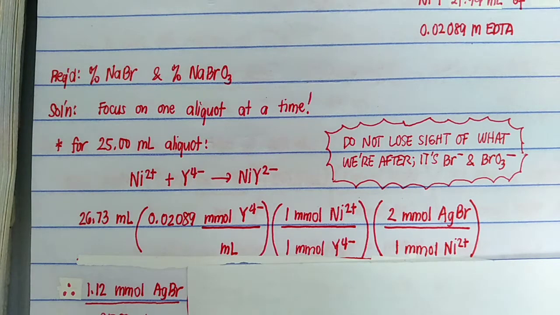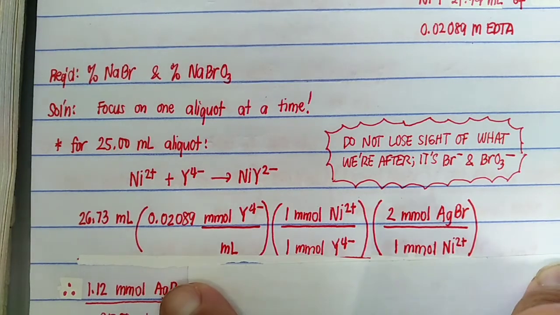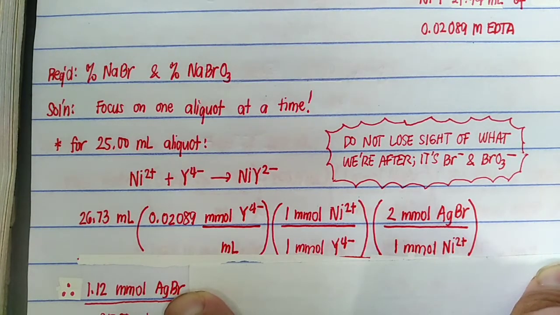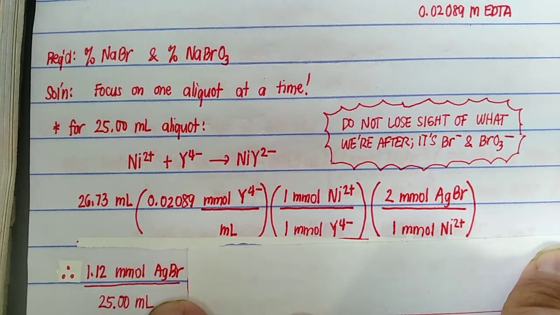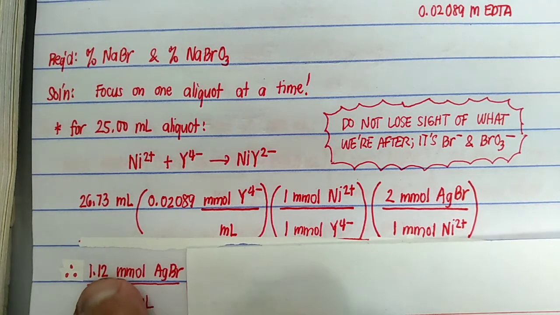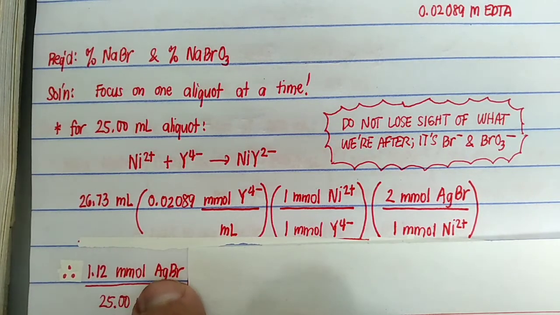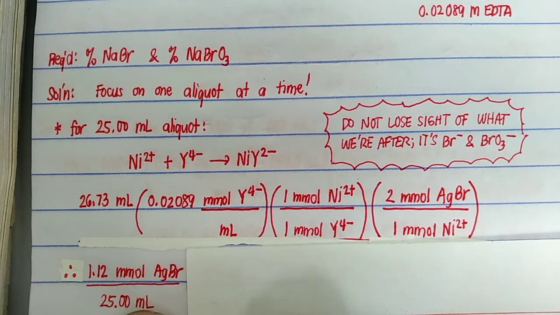bromide in the solution. So this 1.12 millimoles, we find it in the total of the aliquot, which is 25 ml. So we have to divide the two. The total number of moles of the silver bromide divided by the volume of the aliquot that we have.